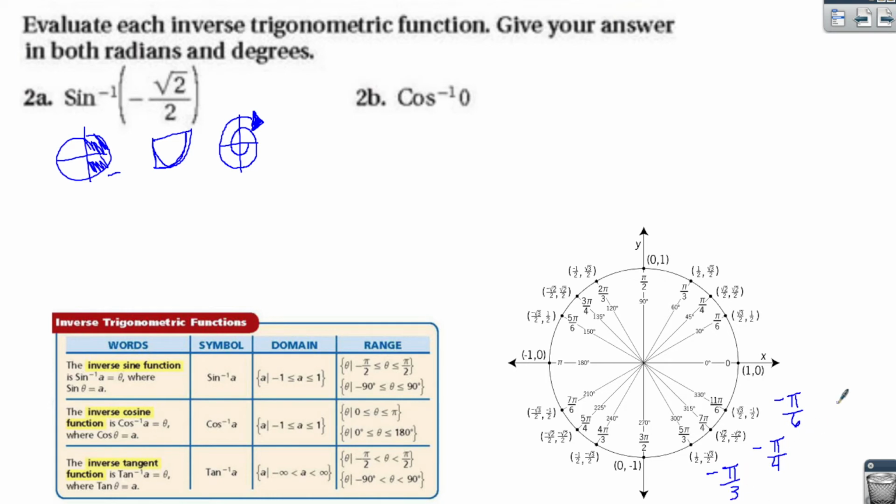Just because we're going in a negative direction and we've narrowed it down to this quadrant, the bottom one, and it needs to be a negative sign. So we found it. The angle for the given function is -π/4, or in degrees, -45 degrees. So that's really what we're looking for.